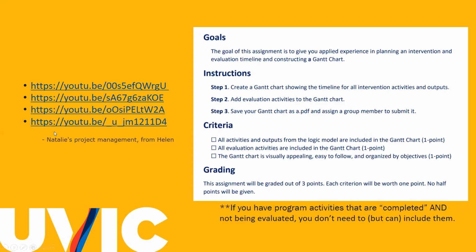There are 4 videos from Natalie, via Helen, that show you how to kind of use a Gantt chart. These are generally applying to when you're just managing a project, right? But in this specific example, we want you both to show the implementation of the specific project and how your evaluation maps on top of that implementation, to show us kind of the timing of events between what the organization and program is doing and what your evaluation is doing.